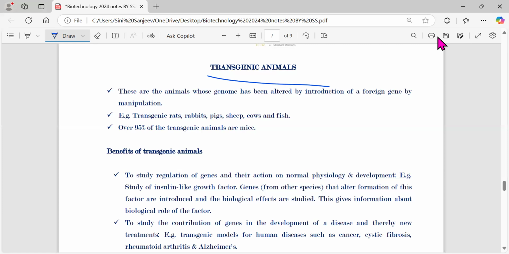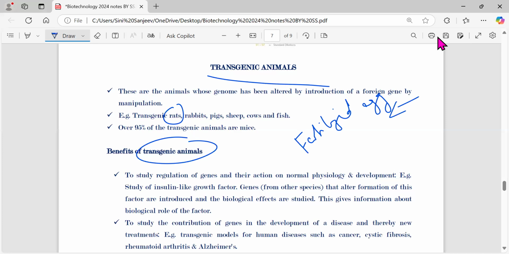So generally, how the development of a transgenic animal takes place is, first of all, I'll be taking a rat or mouse here. Consider that there is a fertilized egg of the mouse. Now you are going to manipulate the egg with whatever desired gene you want.